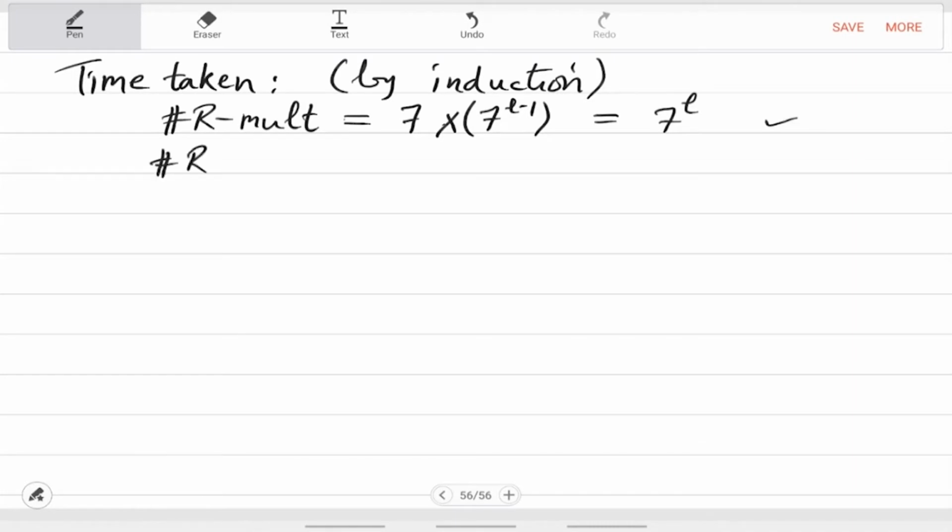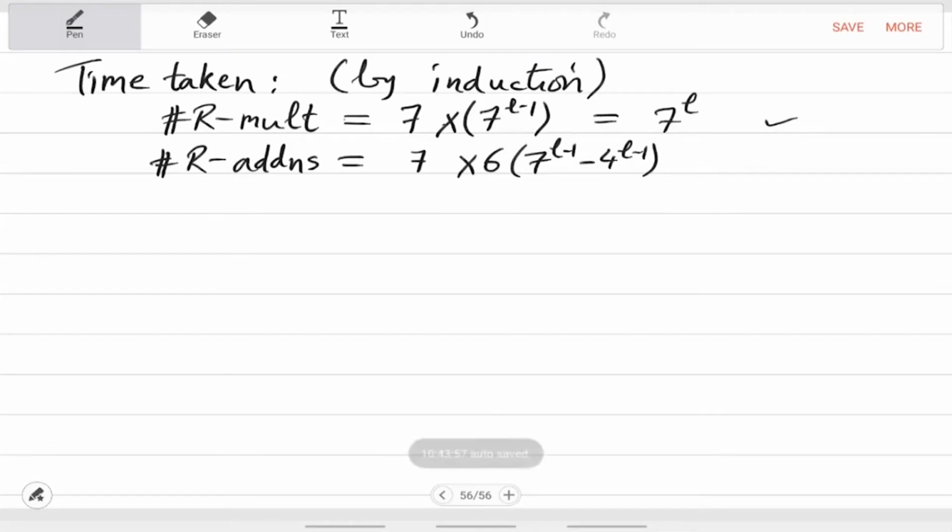And look at the number of R additions. So that number was 6 times 7 to the L minus 1, minus 4 to the L minus 1 by the induction step. And how many such additions are needed? So let me write the expression first. I am giving it in two parts.